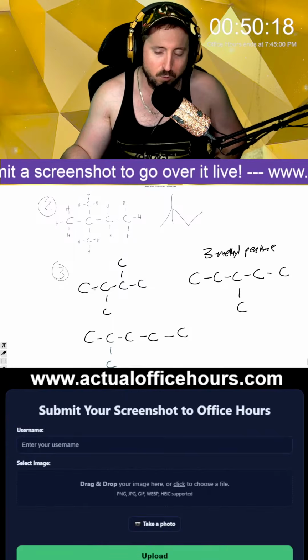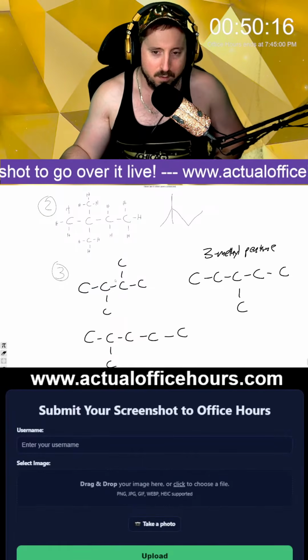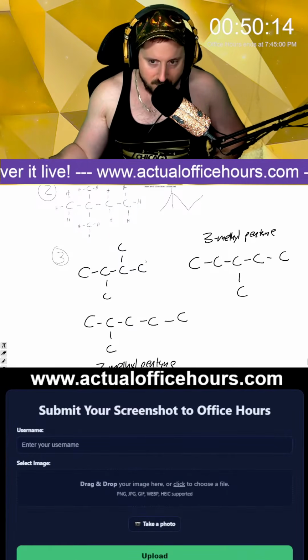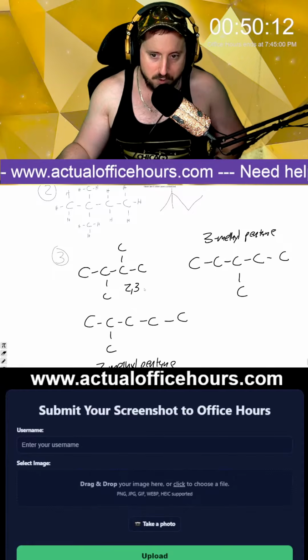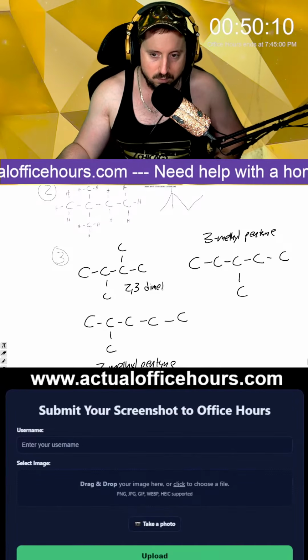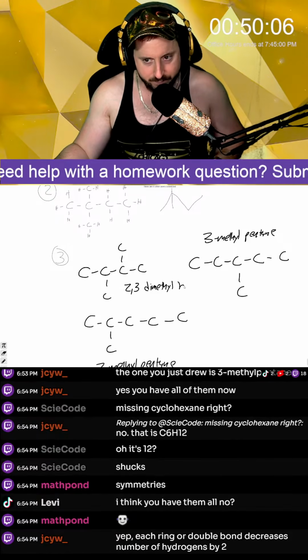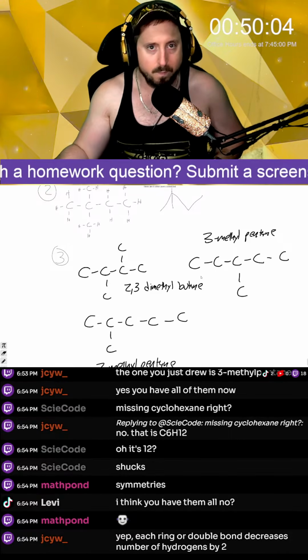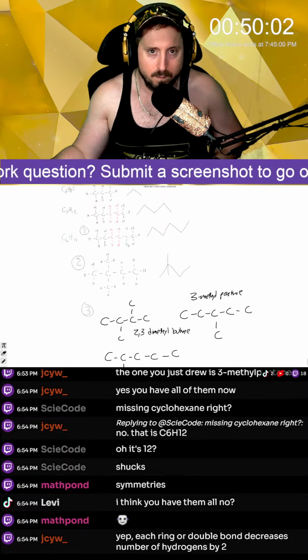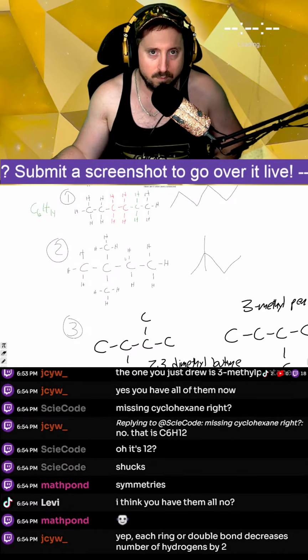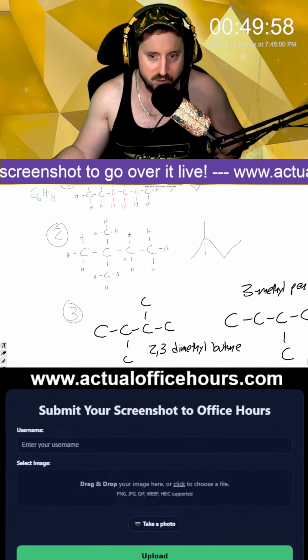Okay, so then this one, I want to say this is 2,3-dimethylbutane. Right, I think we do. I'm just labeling them now.